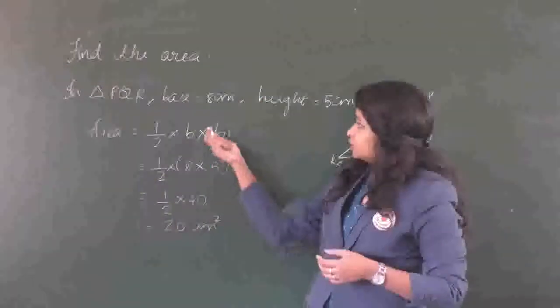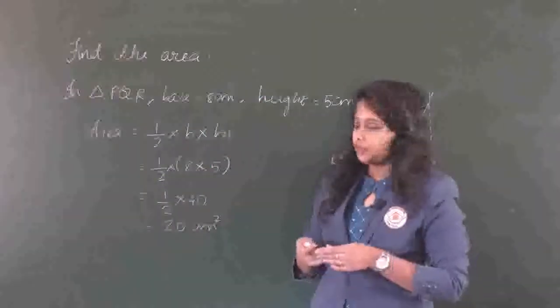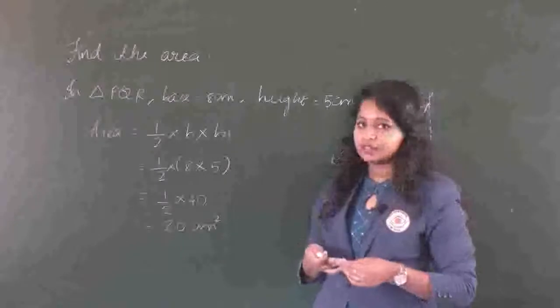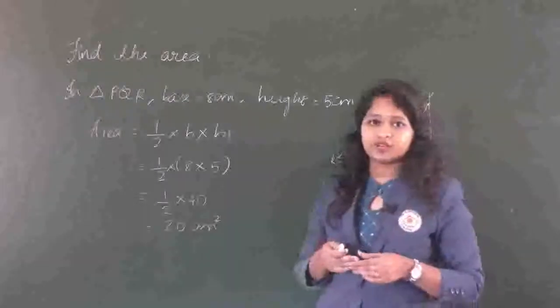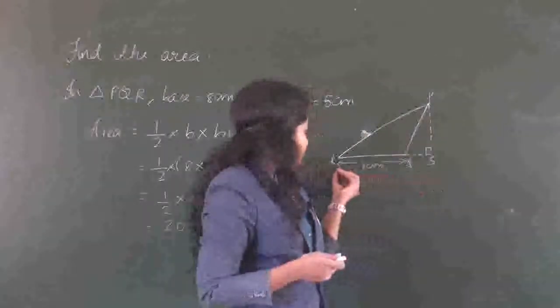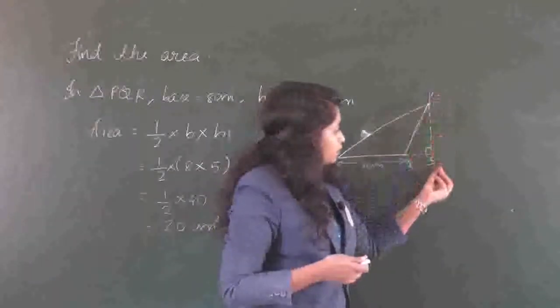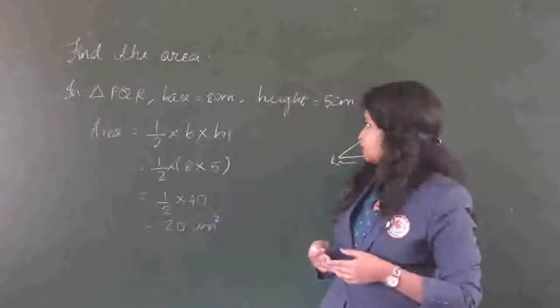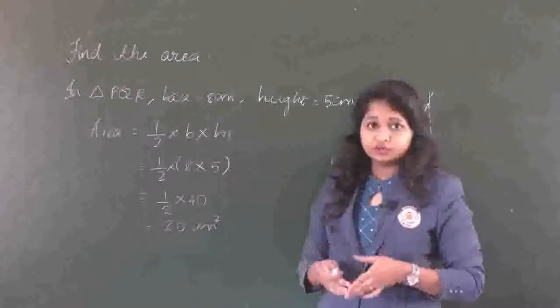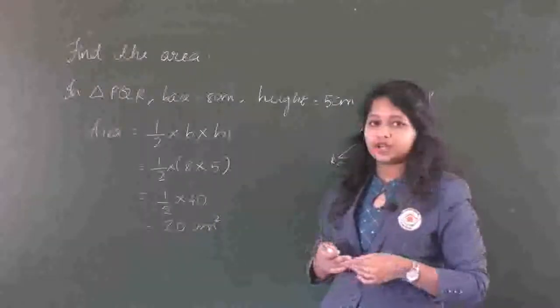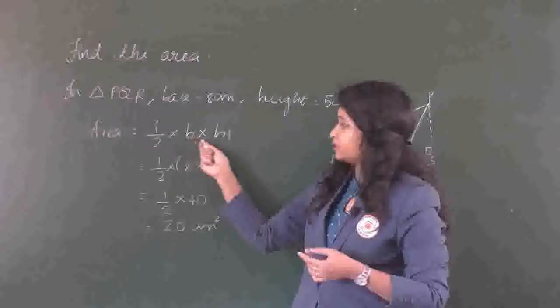Okay. So, in triangle PQR, the base is 8 centimeter and height is 5 centimeter. So, the base RQ is 8 centimeter and height PS is 5 centimeter. We know the area of a triangle is half into base into height.